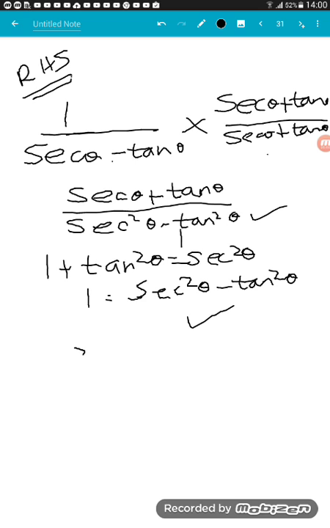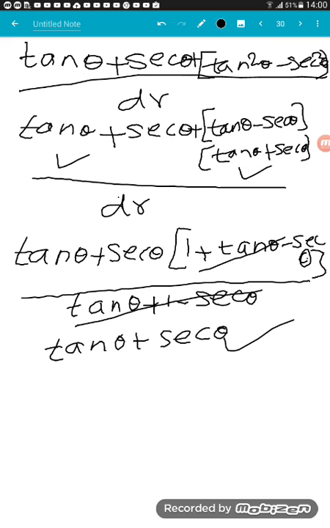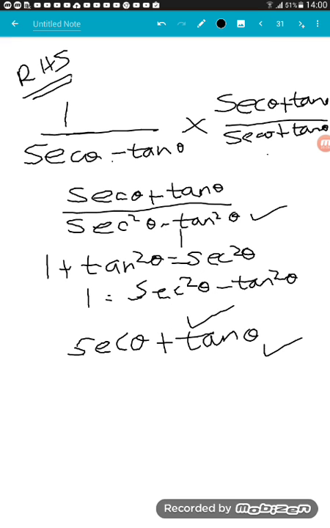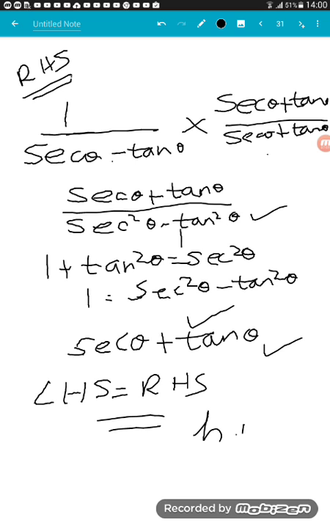So it is sec theta plus tan theta. If you compare LHS and RHS, sec theta plus tan theta and sec theta plus tan theta, we can say that LHS equal to RHS. Therefore, it is equal. Hence, proved.